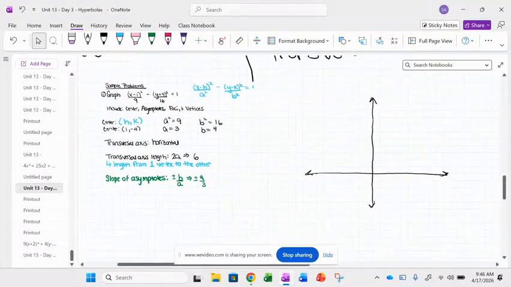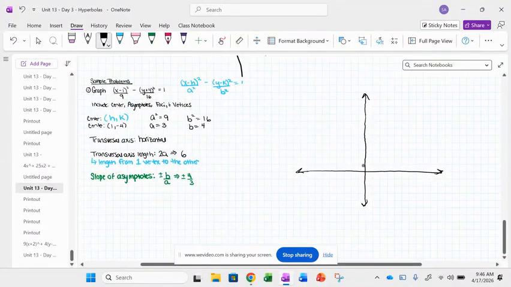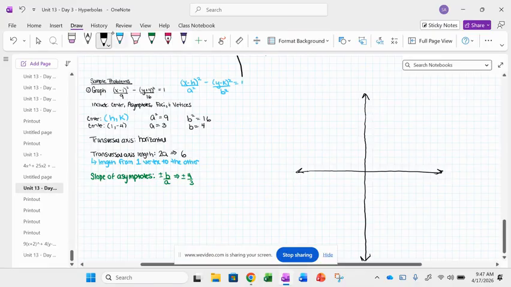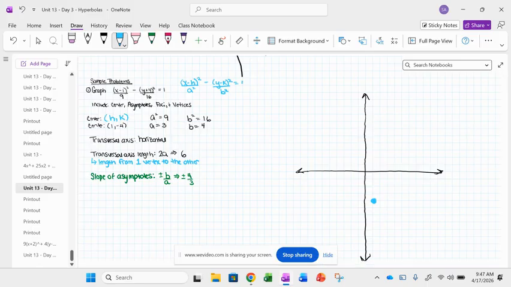So when my center is the point (1, negative 4), I'm going to go to the right 1 and down 4. So we go to the right 1, down 4. This is my center.